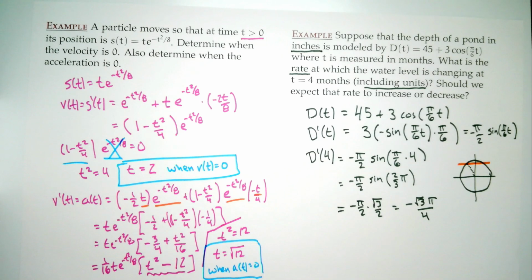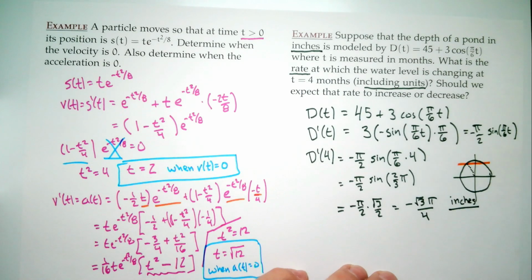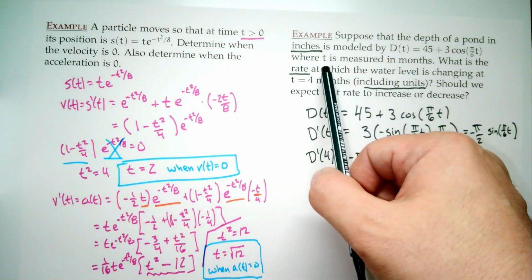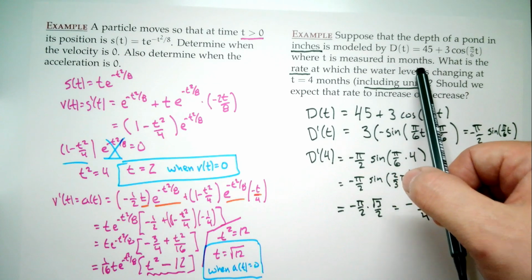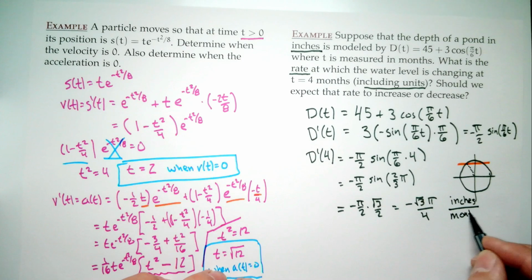Now, that's the output. So whatever the units of the output is for d, that goes in the top. So that's inches per. Now, to figure out what's downstairs, you say, what are the units of the input? So it's time. Time is measured in months. So inches per month.